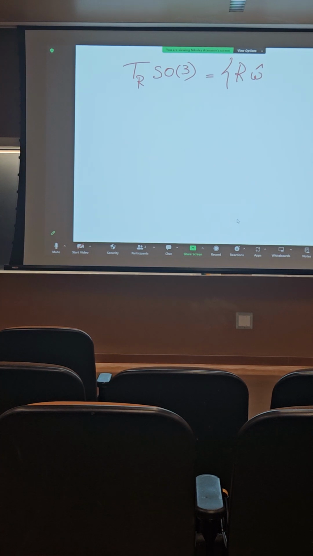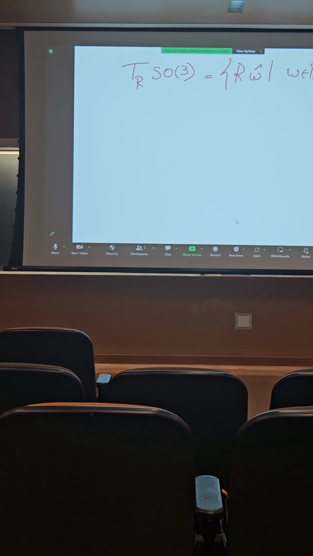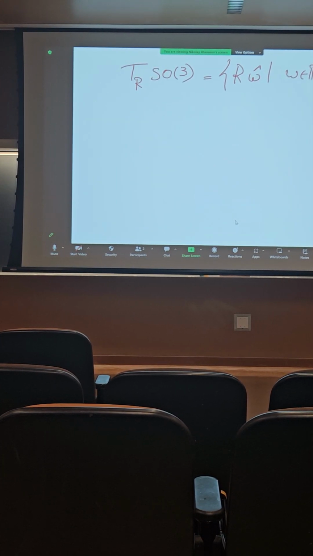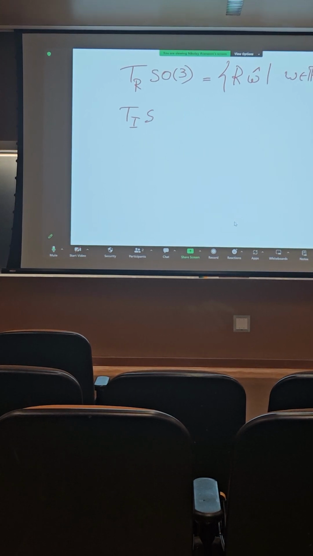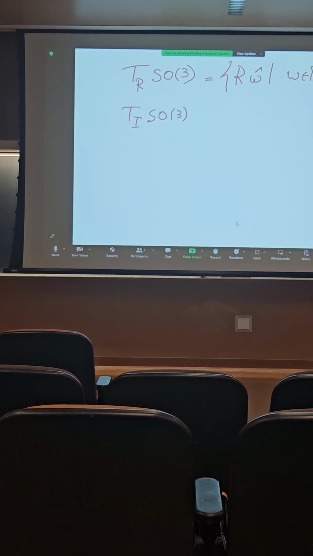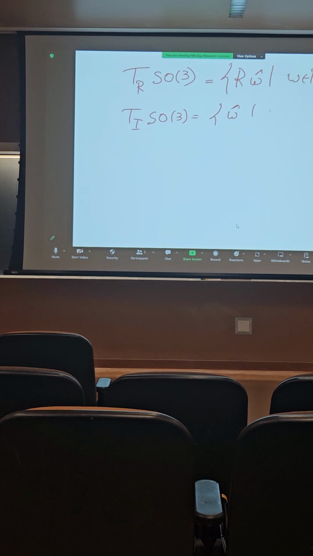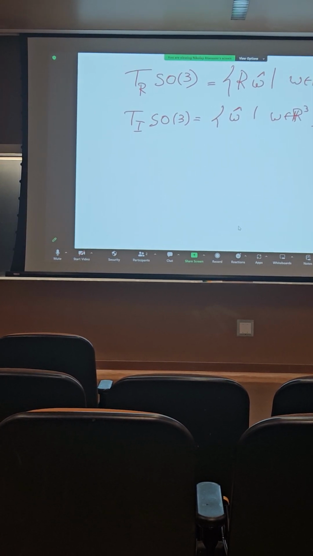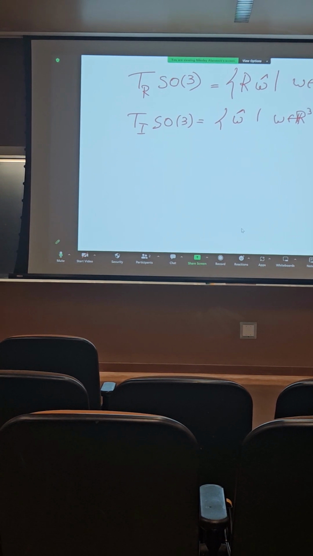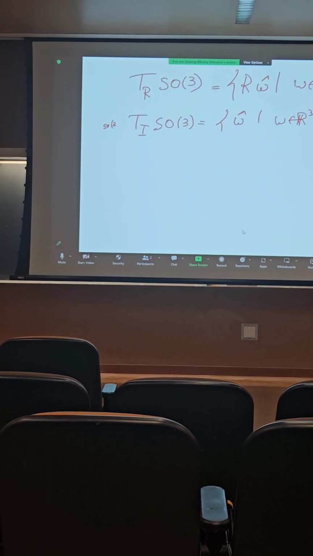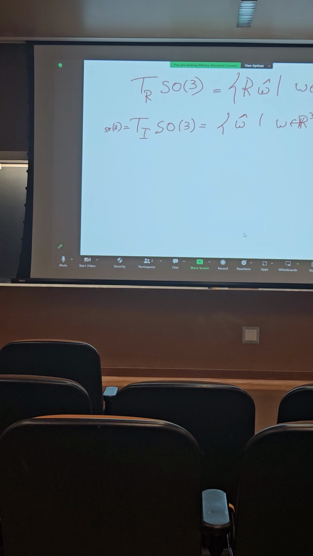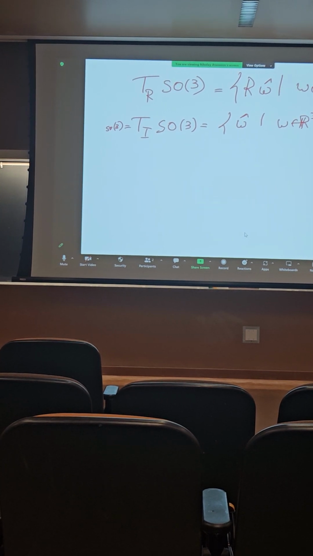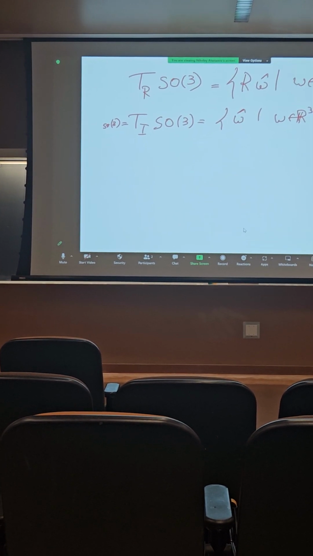Okay, and the tangent space around the identity, obviously, looks like this. And this is what we call little so3. Does this make sense?